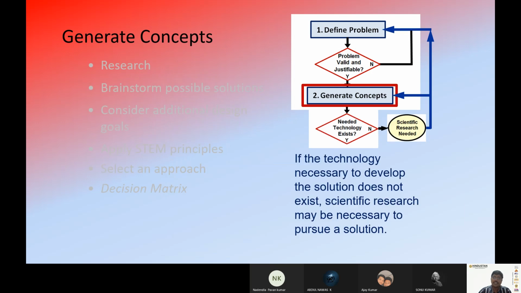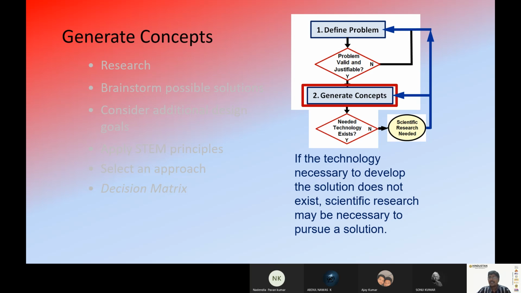So here in generating concepts, you can see this flow chart, and from it you can analyze. First, you define the problem and check whether it is justifiable. If it is justifiable, you come to the next one, generate concepts. If it is not justifiable, it goes back to defining the problem.